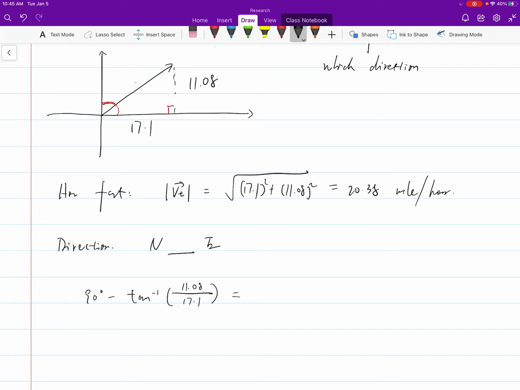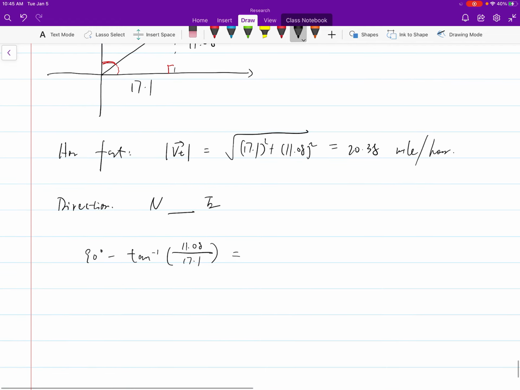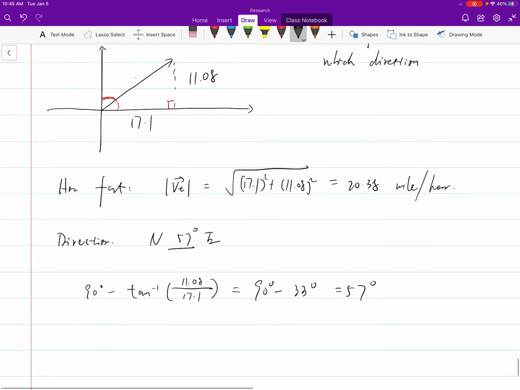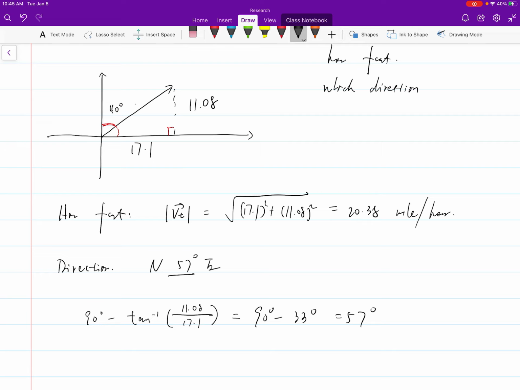Okay. I'm definitely confused between reading radians and degrees, so let me do the degrees first. It's 90 degrees minus 33 degrees. Therefore, this is going to be 57 degrees. Okay, remember what we had before?